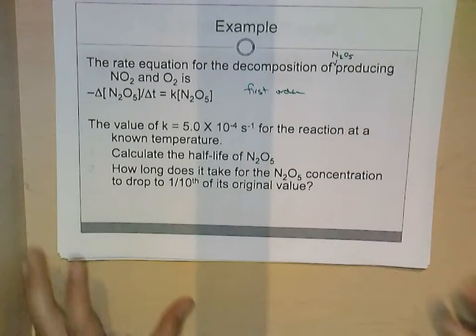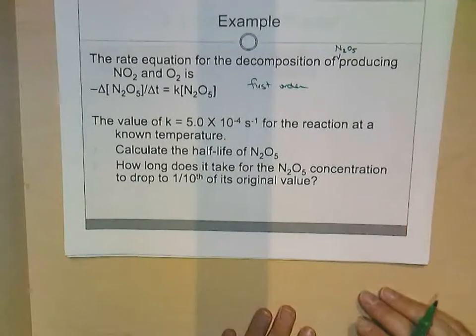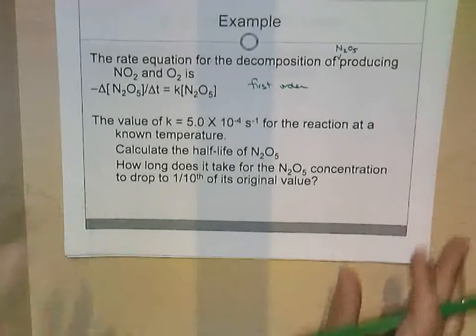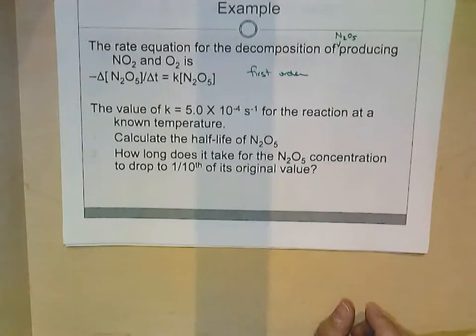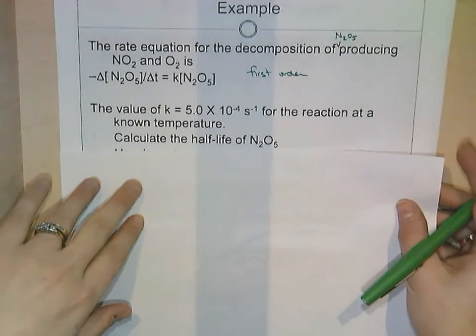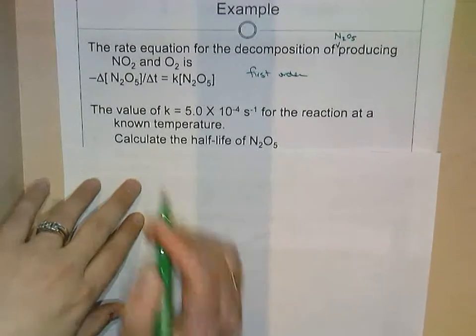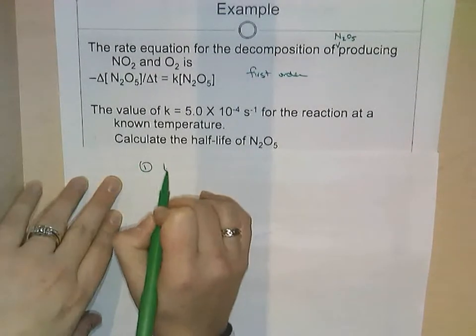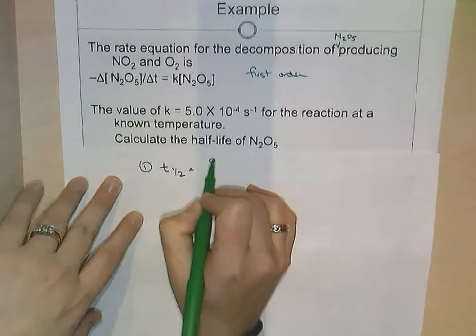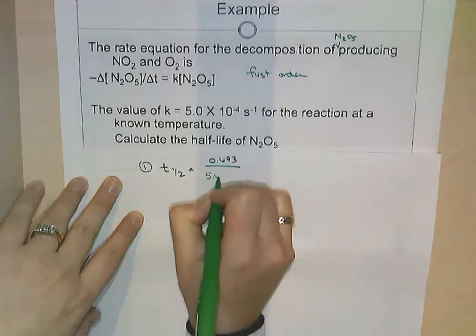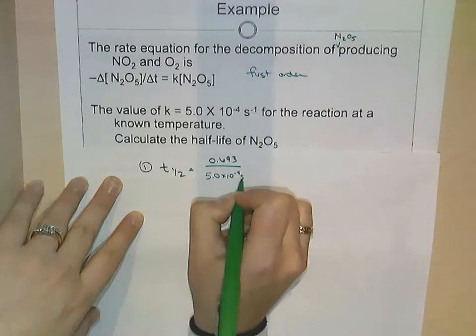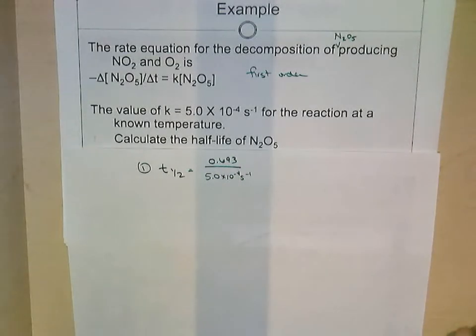We want to do two things. We want to calculate the half-life, and then figure out how long it will take to get down to 1/10 of its original concentration. So we'll do the half-life part first. These half-life problems should be pretty straightforward, right?